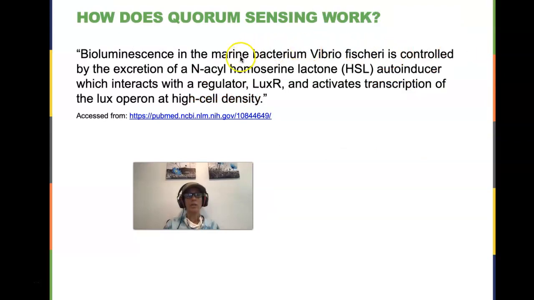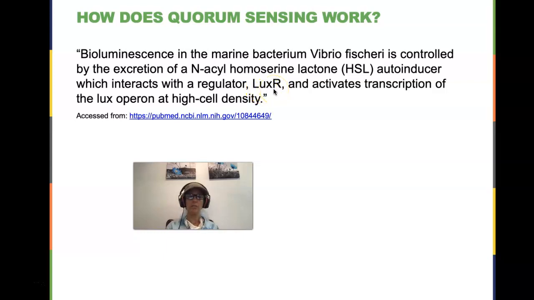So back to our little marine bacterium, Vibrio fischeri. This is controlled by a chemical called N-acyl homoserine lactone, or HSL. It interacts with a regulator, a protein called LUX-R.